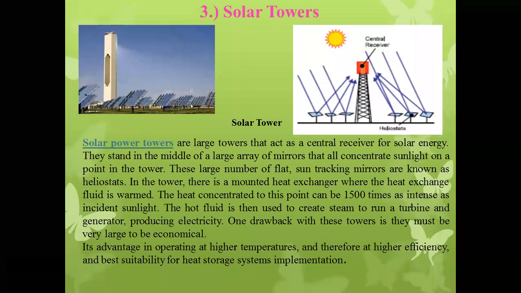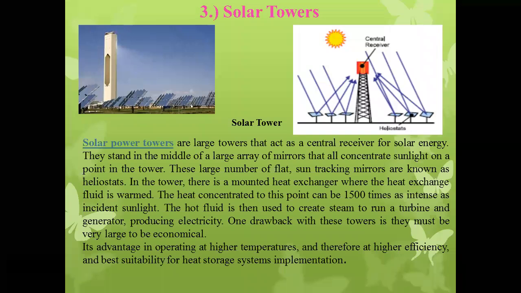Very simple. We just have to remember their constructional features, means how they are constructed, and their working temperature. This part is clear, types of solar thermal power plant. So remember this point.